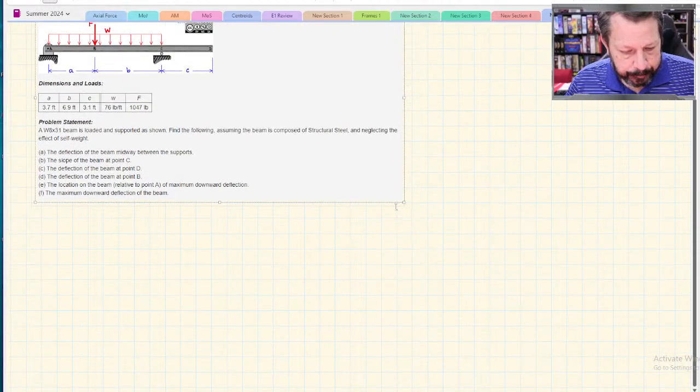All right. The deflection of the beam at point B. Let's do that.